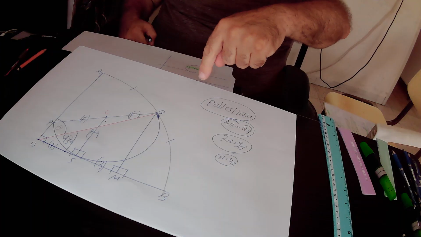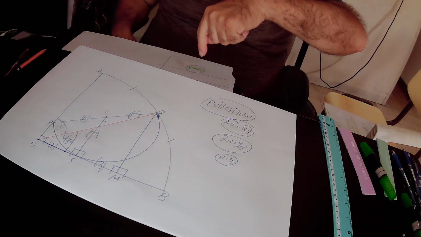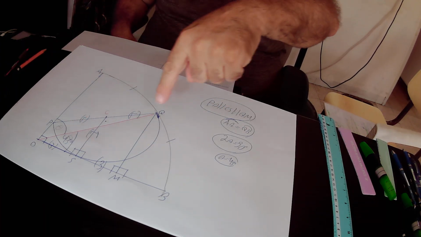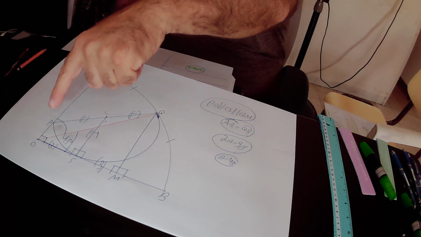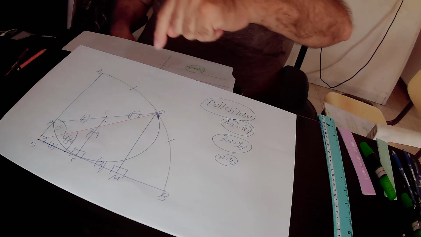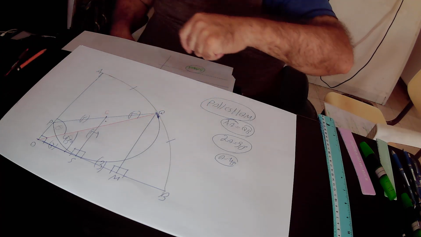So in the right triangle QOM, tangent of 45 degrees equals QM over MO.